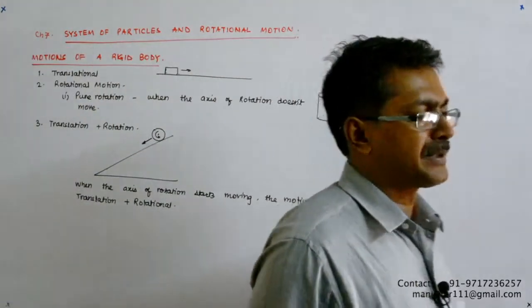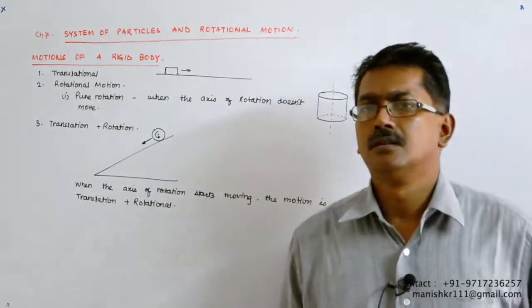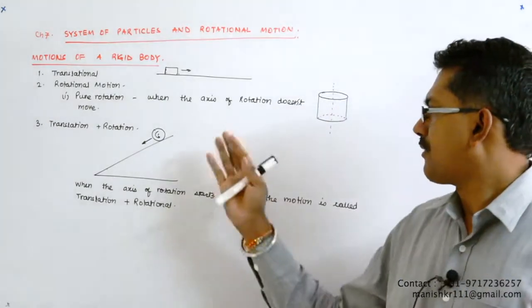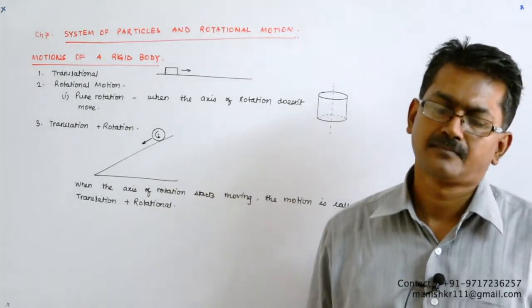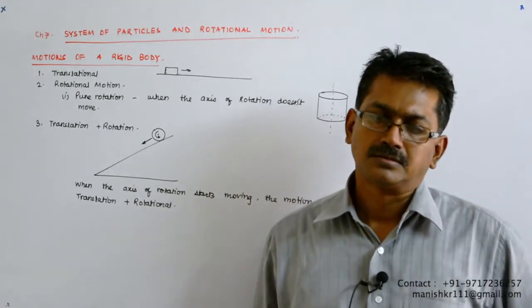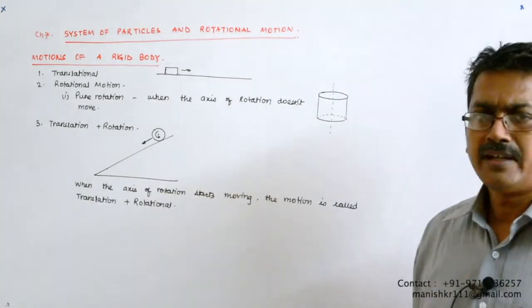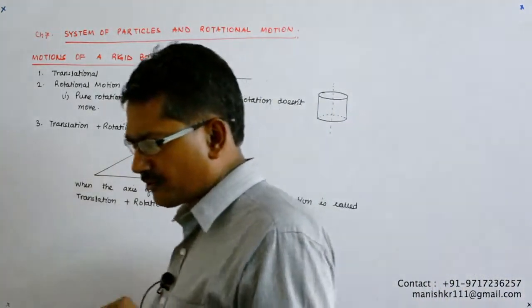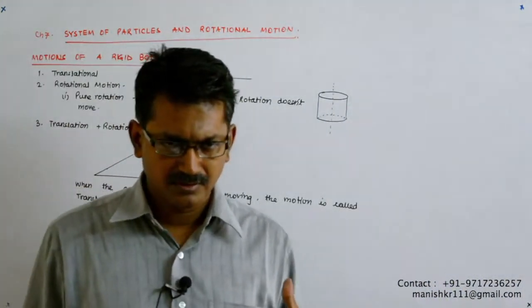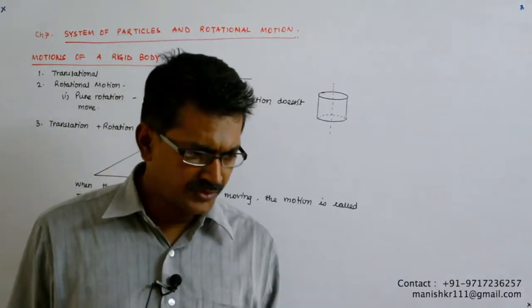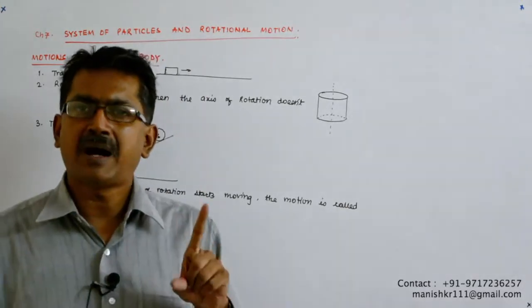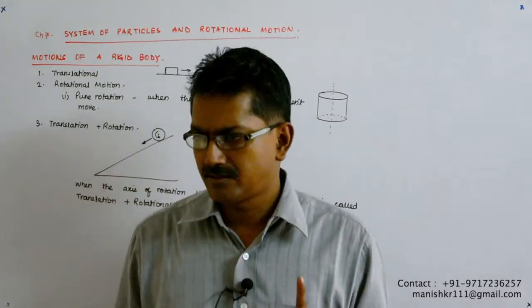So here what is happening? The axis of rotation itself is moving, right? Now it may so happen that the axis of rotation itself moves, but it passes through one fixed point.